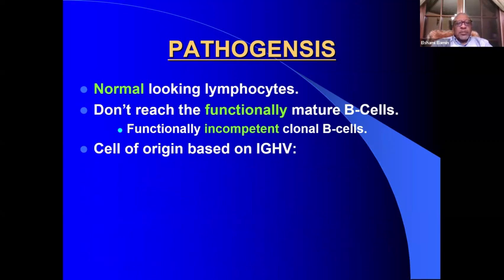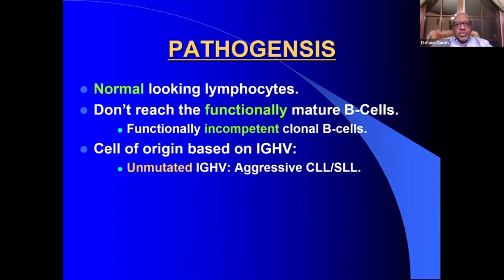CLL or SLL is divided into two big categories based on the IGHV status. If the IGHV is unmutated, that is one type of CLL or SLL, or if it is mutated or hypermutated, that's another kind. So the unmutated, remember this very well.